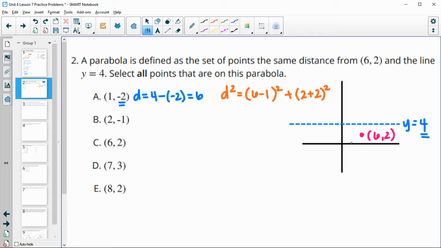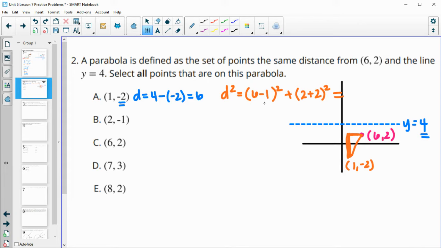So you could plot the point (1, negative 2) here. And so what we're doing is figuring out this slope triangle. So you're figuring out this distance by subtracting the x's, so that's 6 minus 1, and this by subtracting the y's, and just doing the Pythagorean theorem.